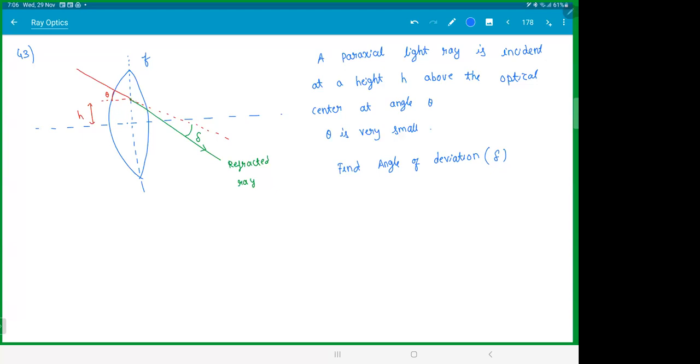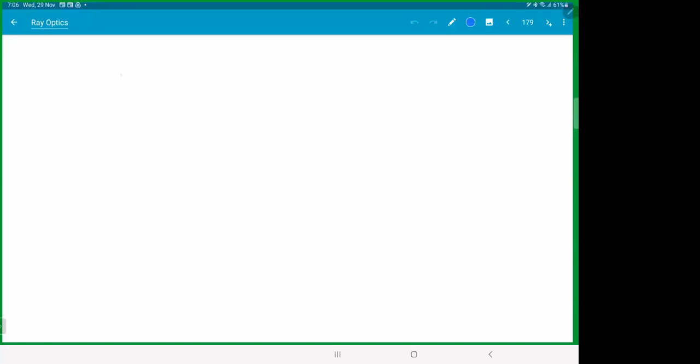How do you do this thing? See, like I said, this is a little more geometrical question. So this is your pole. This is the point where it goes here. This was supposed to go like this, but it goes off like this.